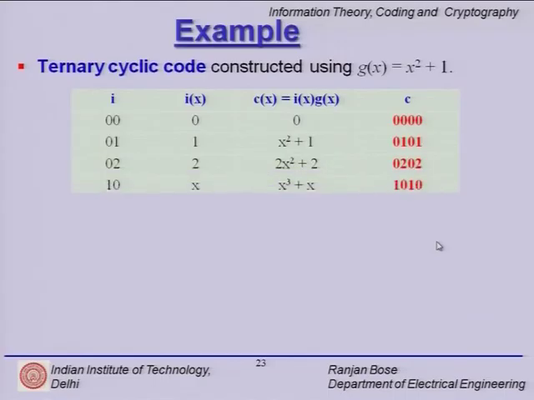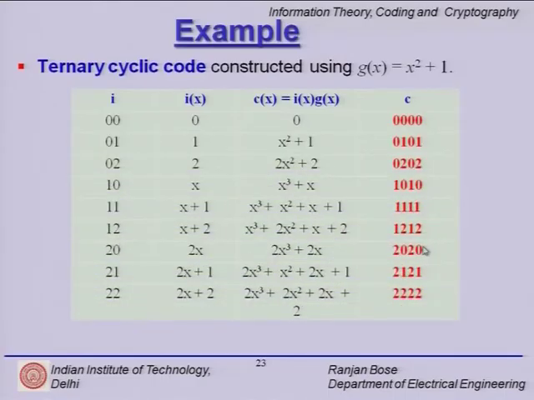So, if you write out the table using the generator polynomial, you take g of x and take all possible I of x, which are information polynomials of length k.